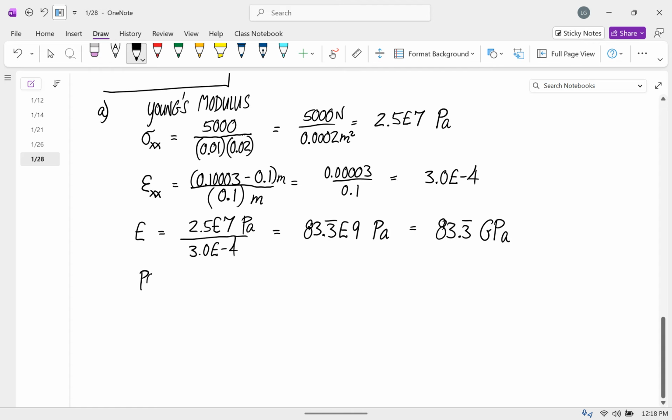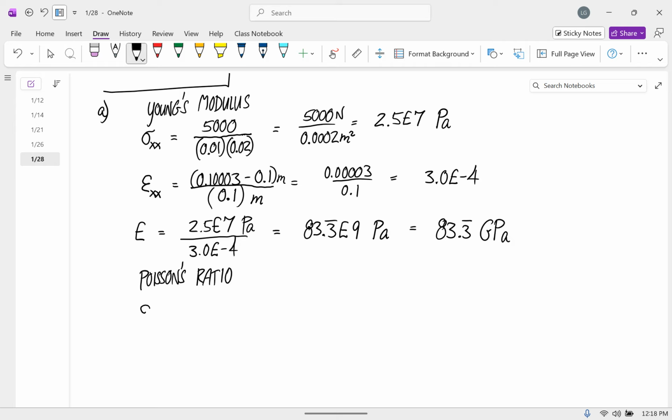Now for Poisson's ratio, we need one more thing. We already have the EXX strain. We need either the EYY or the EZZ strain. Either one will work fine.